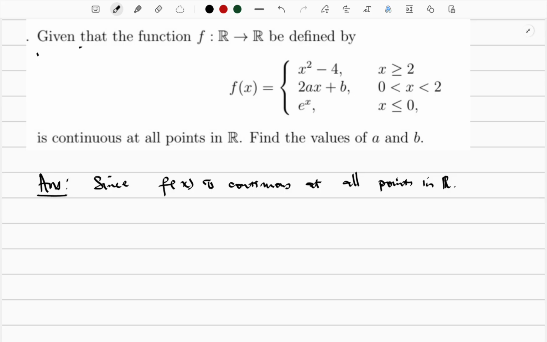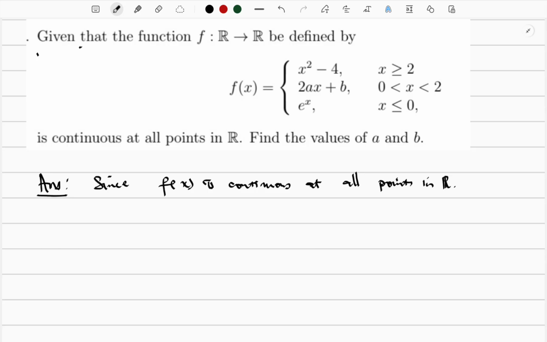So we have f of a defined at all points, which is our f of x is defined at all points in R. And also the limit exists at all points in R. We talked about those 3 points: f of a should be defined, the limit should exist, and the limit should be equal to f of a.